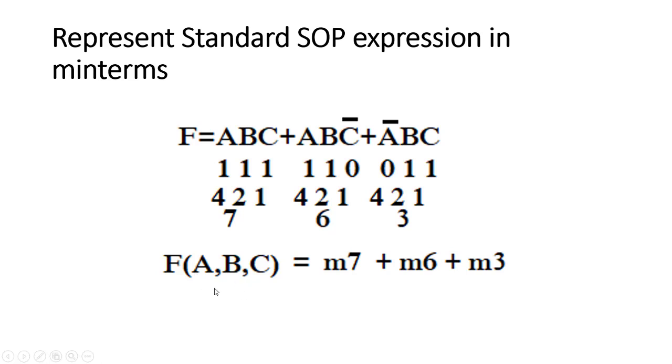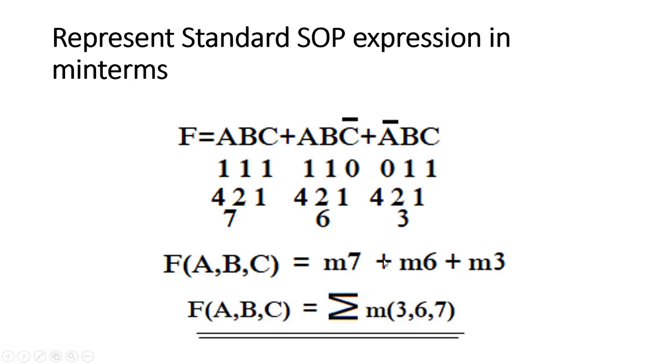Here we have to mention what the input variables are, because on the right-hand side there are no variables. And M7, M6 and M3. And this plus sign can be represented using the sigma symbol. Therefore, here the plus is represented by this sigma and the m is common, within the brackets 3, 6, 7. In ascending order we have to write. Here don't put the plus again, because this sigma represents the plus.